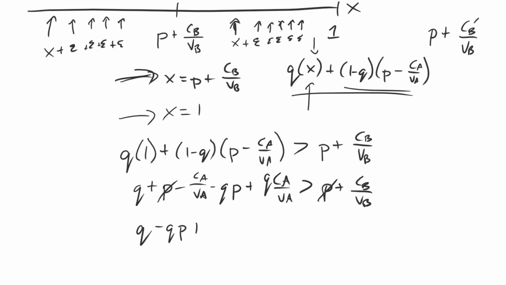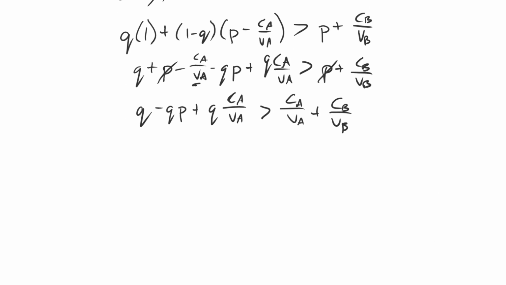And we have a plus Q CA over VA greater than, we've got to move this CA over VA to the other side. And now if we collect those Q's into a single value and have it be undistributed, then we get this.